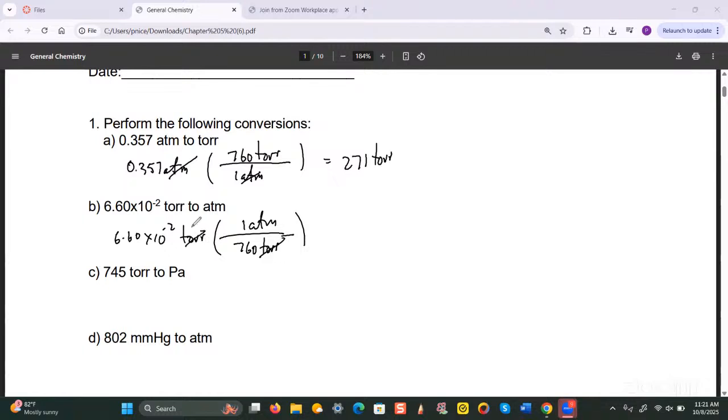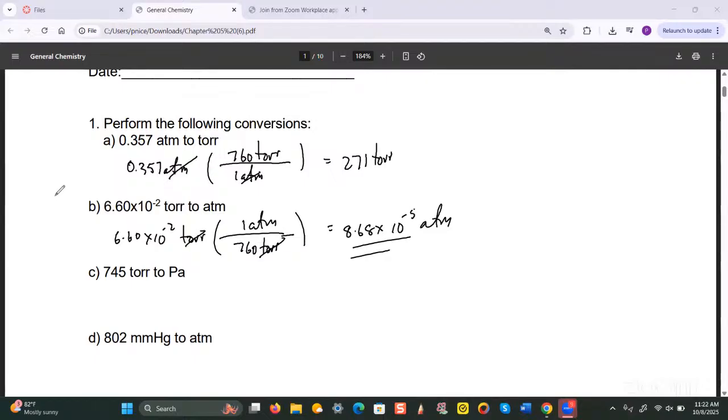So let's see what that gives. 6.6 times 10 to the minus 2 divided by 760 works out to be 8.68 times 10 to the minus 5, and atmosphere would be the units. So that's how you do that. If you understood those two, you should be able to do the other two, C and D, in question number 1. So I'm going to leave you to do those on your own. Again, if you have any problems doing any of these, let me know.